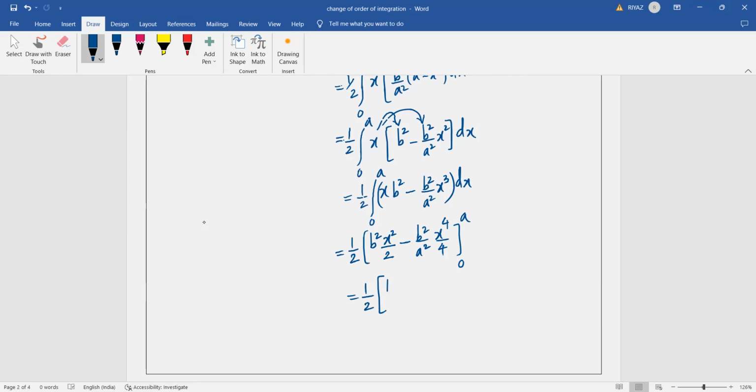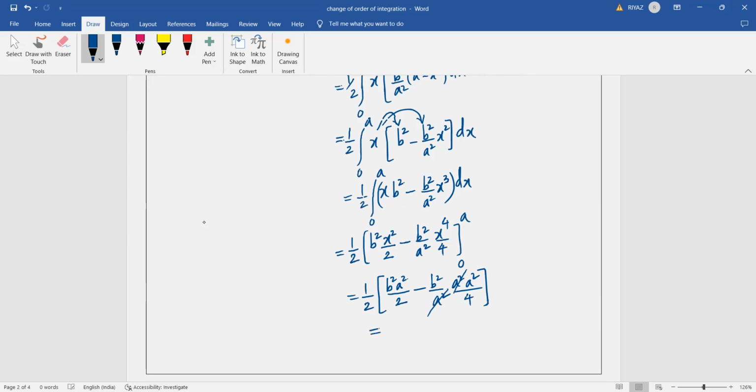Okay. b square a square by 2, minus b square by a square, x value will be a power 4 by 4. a power 4 can be written as a square into a square by 4. Lower limit is 0, so that cancels. This one with this cancels. So we have 1 by 2 also outside.